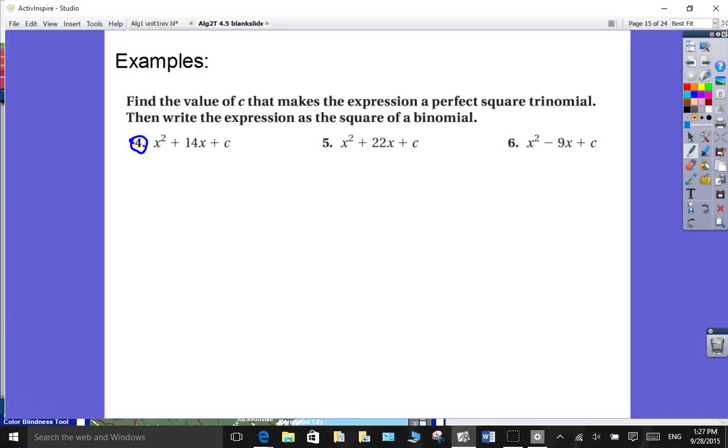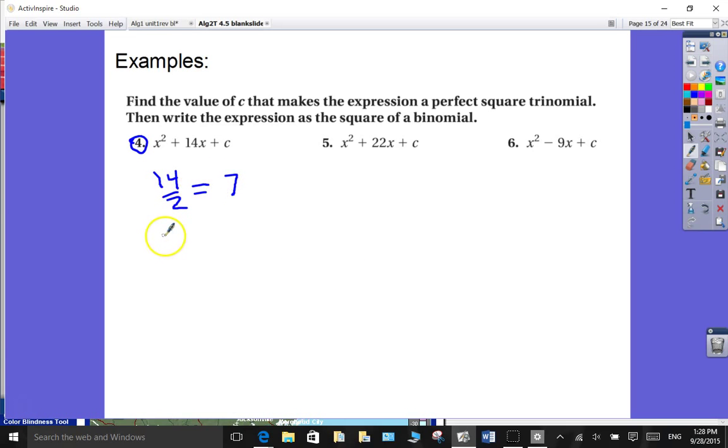Okay. Again, what are the steps to find what number I'm going to add into the third position? Step 1 was take half of the middle term. 14 over 2 equals 7.